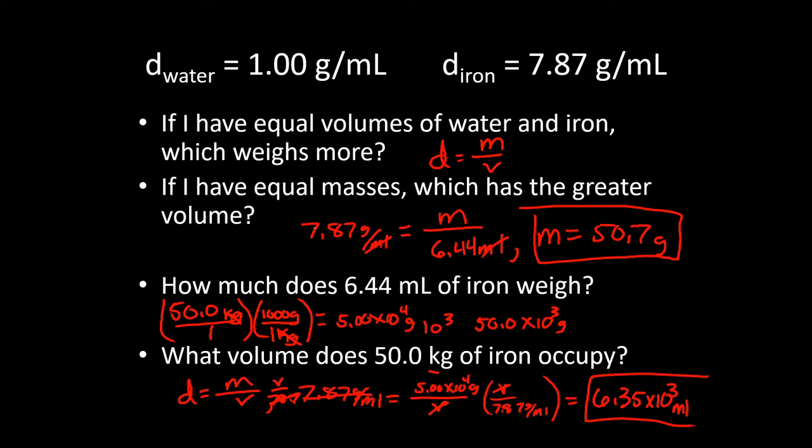Just real quick, if you don't like the algebra that we did here, if you saw that algebra and thought, "Ooh, what the heck just happened?" it is usually easier to do the algebra at the beginning rather than in the middle. So instead of starting with the equation density equals mass divided by volume, we could have done the algebra at the beginning and found that the volume is equal to the mass divided by the density.